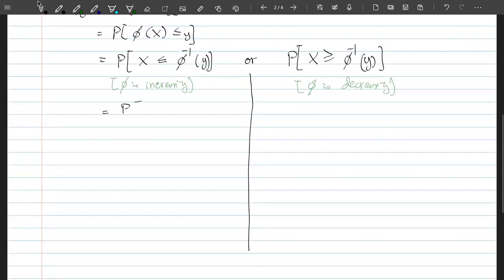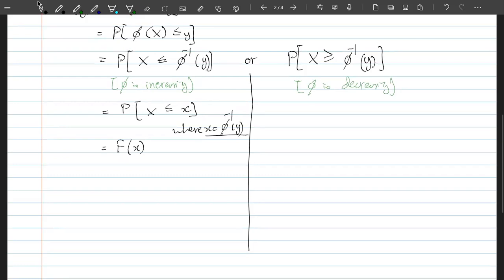Now, what I will write here, just for convenience of notation, is the probability of X less than or equal to x, where x is phi inverse of y. Okay, so this is obviously the CDF of X evaluated at this point x.